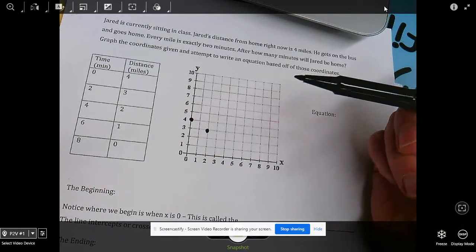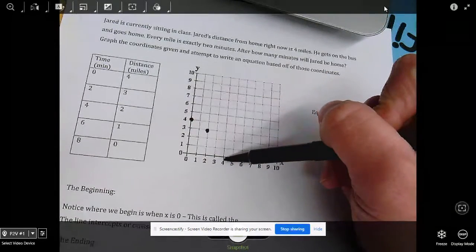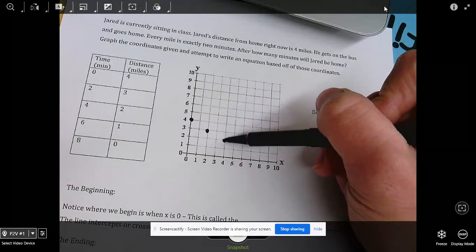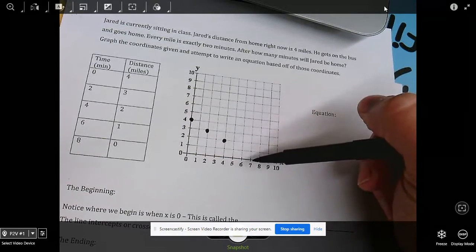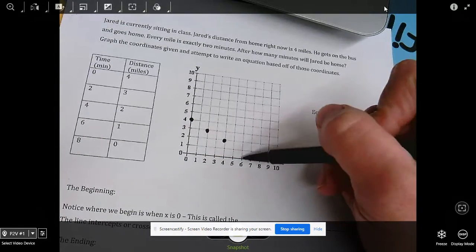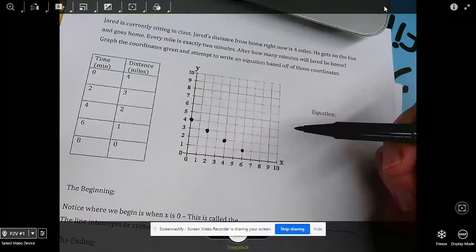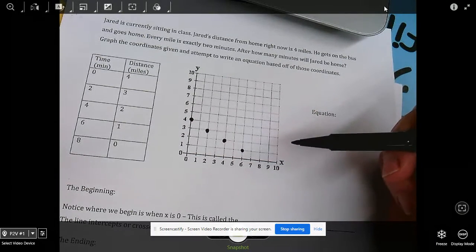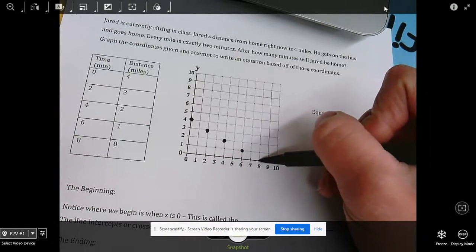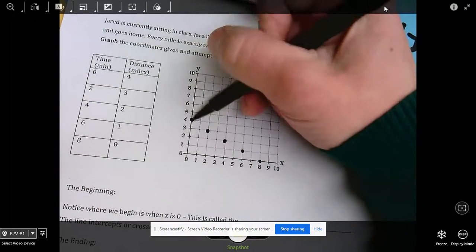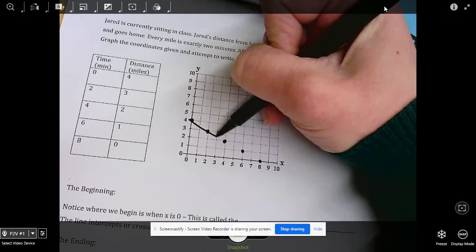When he is at 4 minutes, he's down to 2 miles. When he goes to 6 minutes, he's down to 1 mile. And then when he's at 8 minutes, he's home. So here's a line.